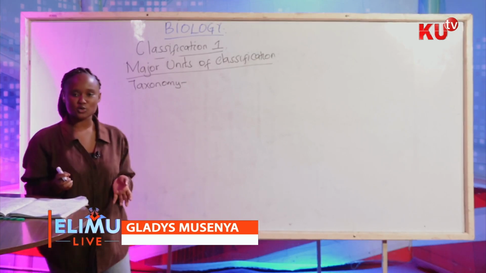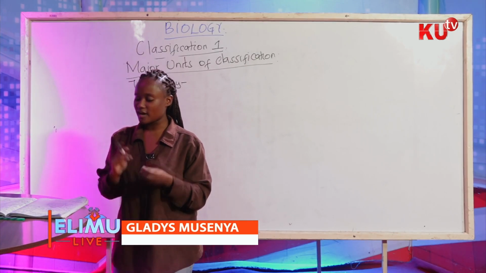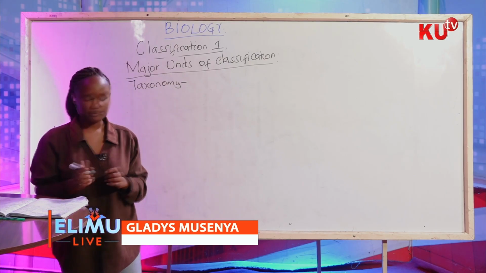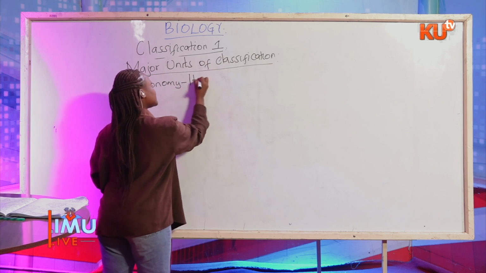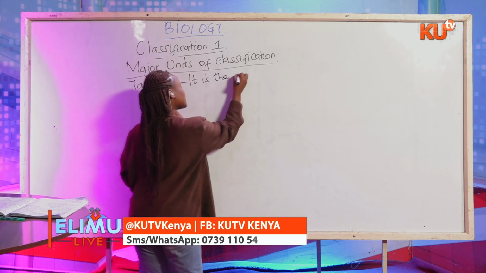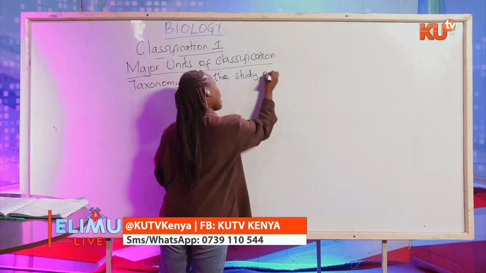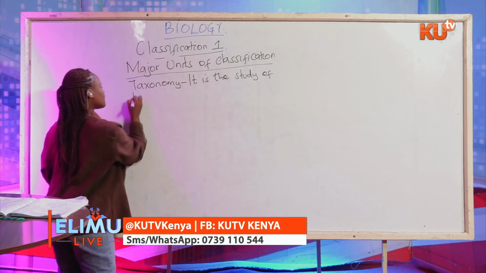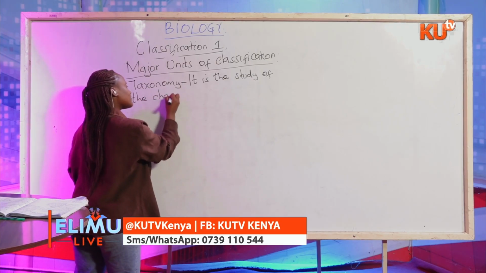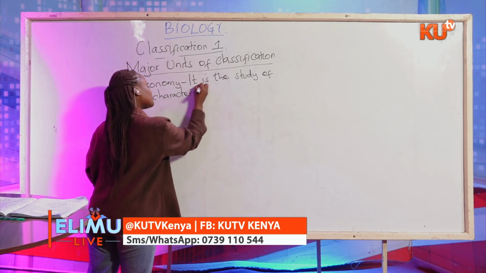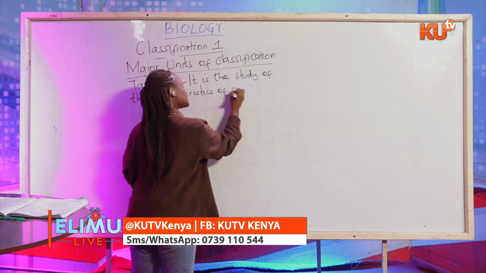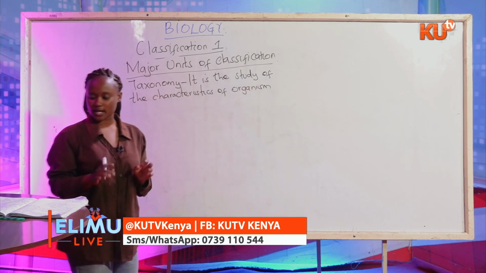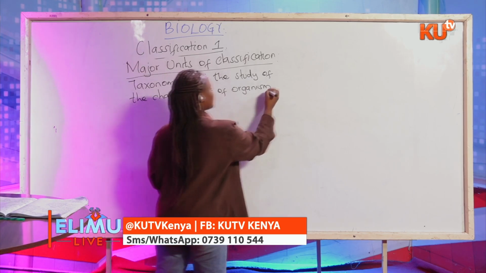So what is taxonomy? Taxonomy is the study of characteristics of organisms for the purpose of classifying them.